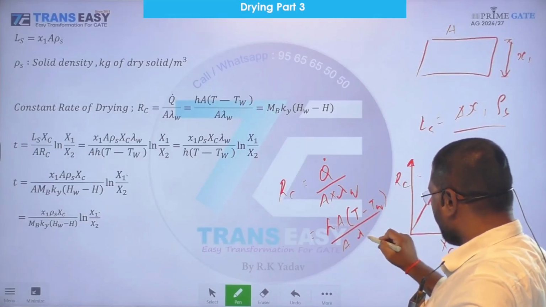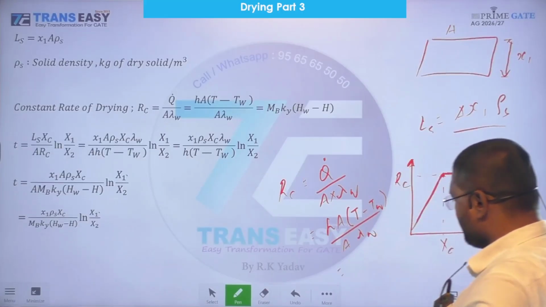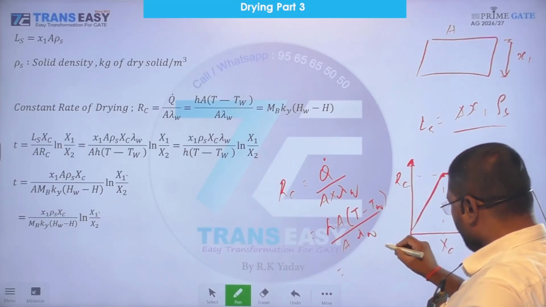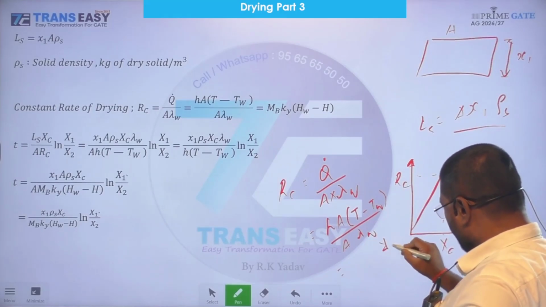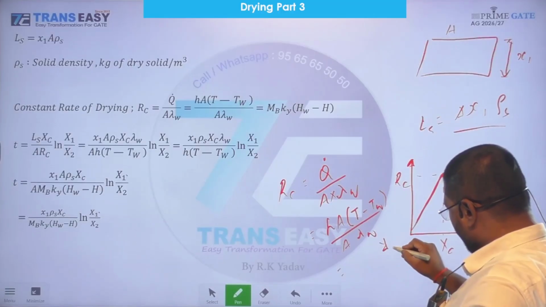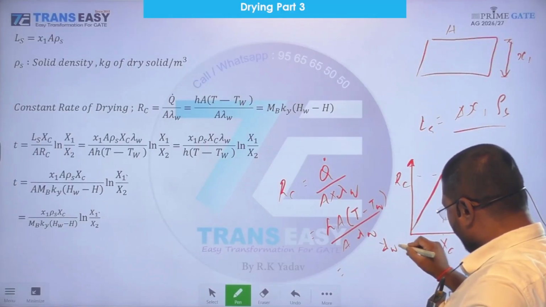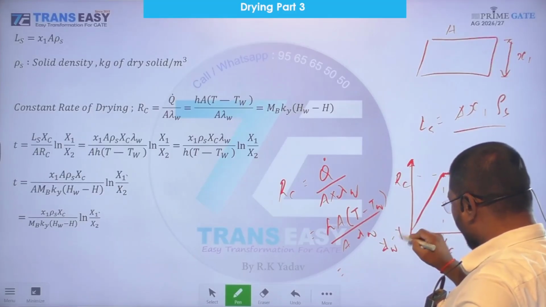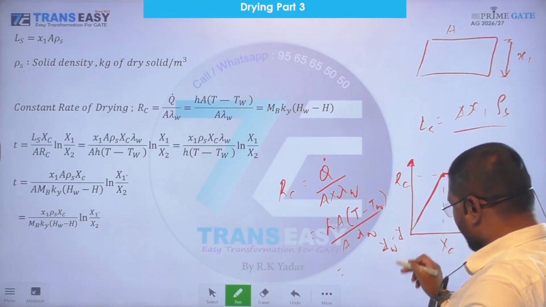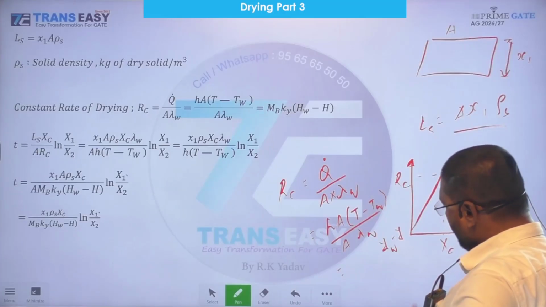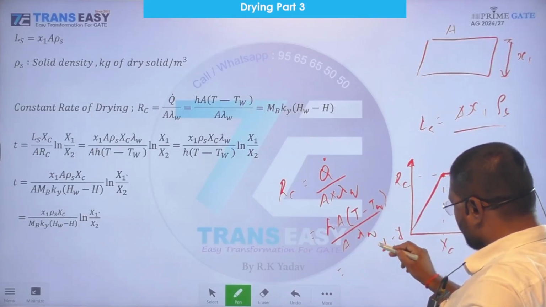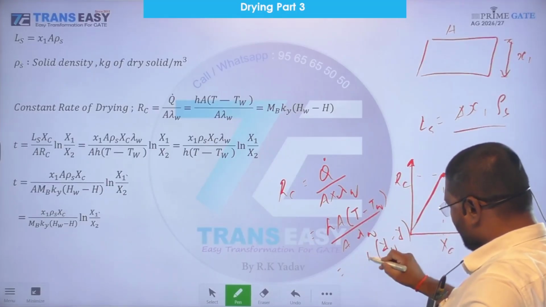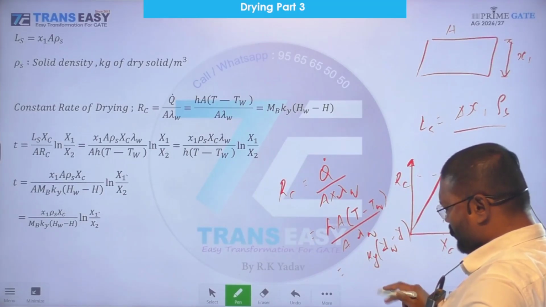Divided by lambda W. Another definition by using mass transfer: mole fraction of water vapor at the surface, which is at wet bulb temperature, minus mole fraction of the water vapor in the moist air or in the drying gas, times the mass transfer coefficient. This is molar flux into area.